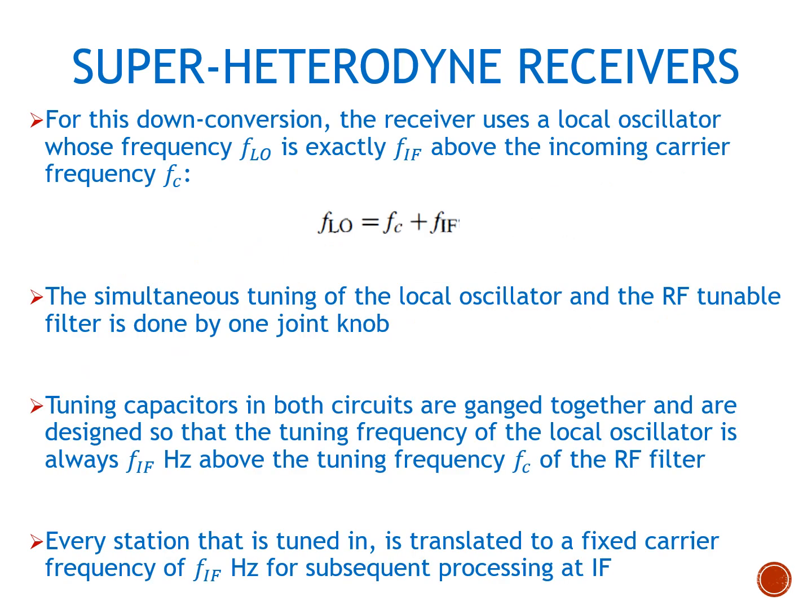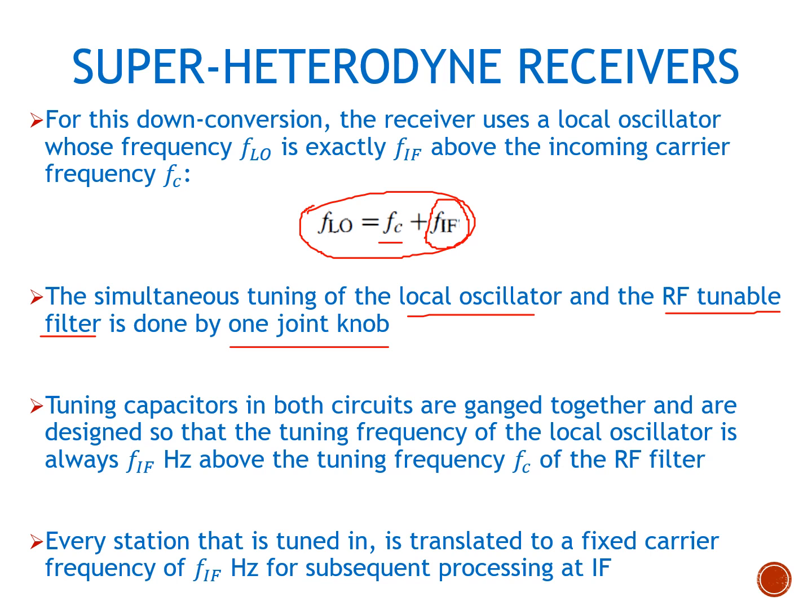Before that, the down conversion that takes place at the intermediate frequency stage is through this expression. We have a local oscillator at the down conversion stage whose frequency is tuned to the input channel frequency plus a fixed IF frequency, FIF. The local oscillator and the RF tunable filter at the beginning are simultaneously tuned through one joint knob.